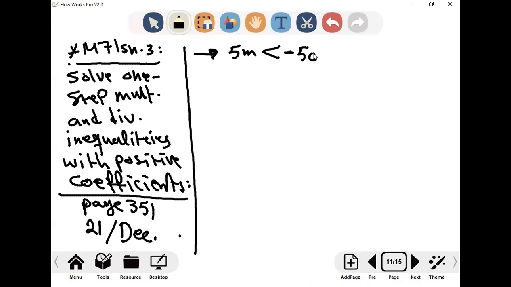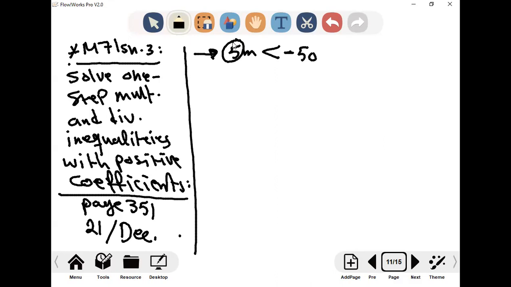But here, what's the coefficient? 5. The coefficient is the number which is multiplied with the variable. Don't forget that. The coefficient 5 is positive. Tomorrow, we will take when the coefficient is negative, okay? But for today, we will solve inequalities with positive coefficients.